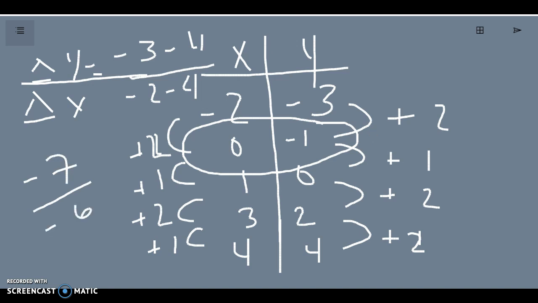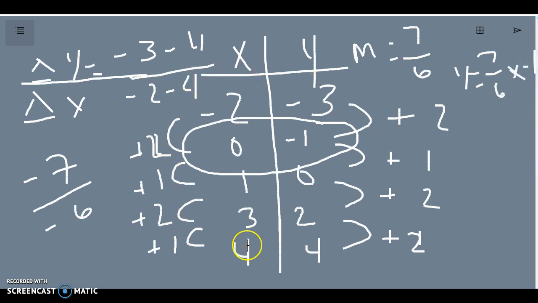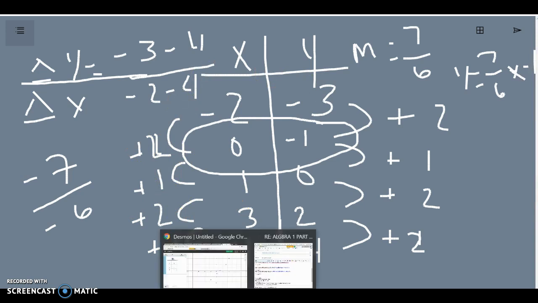So that is slope equal to 7 over 6. Let's see if that works out for us. So we do y equals 7 over 6 x minus 1. So let's put that in our graph to see if that works.